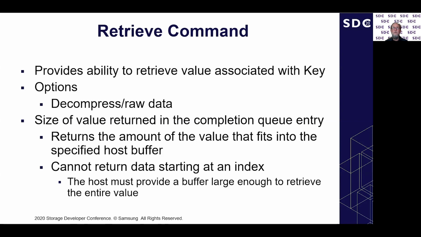So in other words, if I wanted the piece of the value that happened to exist from 1 KB into the value to 2 KB into the value, and the value happens to be 1 MB long, I need to provide a 2 KB buffer, and then within the application parse out the particular 1 KB that I am interested in.